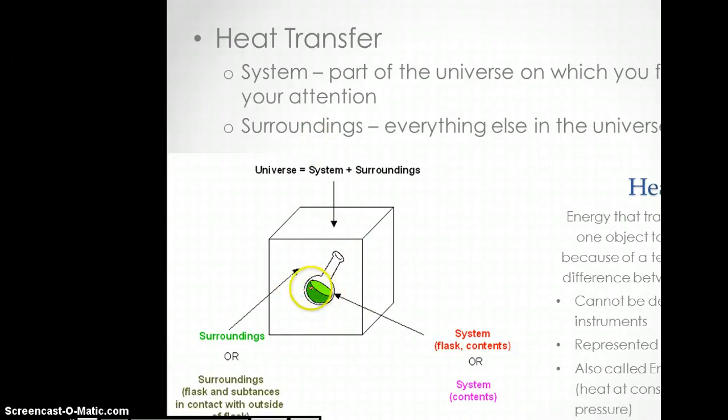We could define that stuff in the flask as the system. We might even define the flask as the system. Everything else around it is considered the surroundings. So the air around it, the table around it, we are part of the surroundings. When you touch something, you are part of the surroundings. So we have to focus on what's going on in the system in terms of heat transfer.